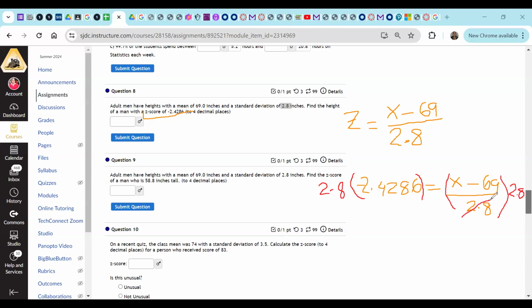On the left side, you have 2.8 multiplied by negative 2.4286, which is negative 6.80008. There are 3 zeros and then 8. Equal to x minus 69.